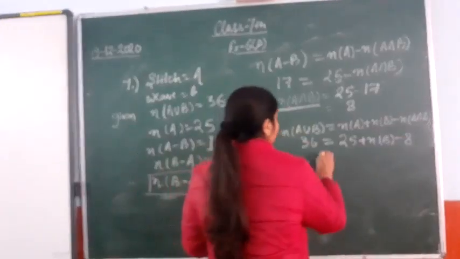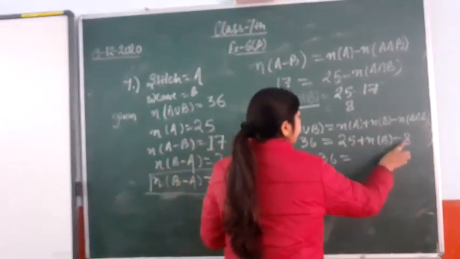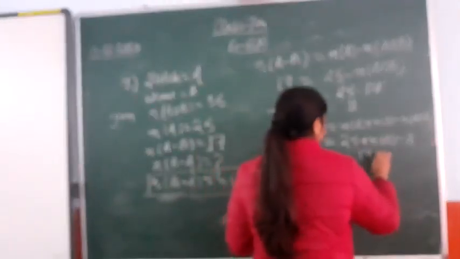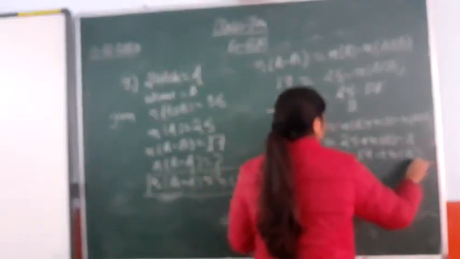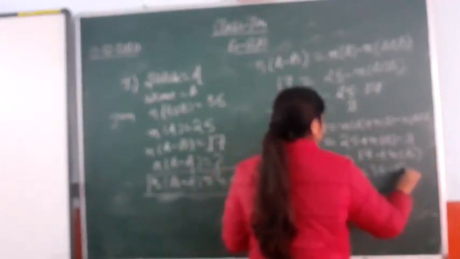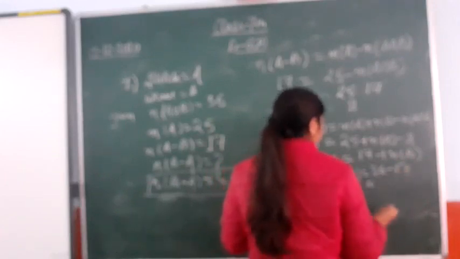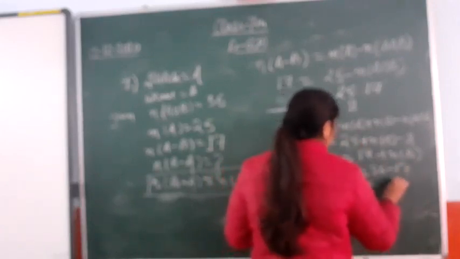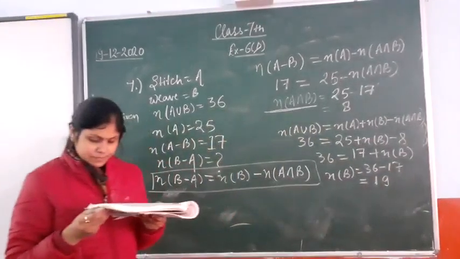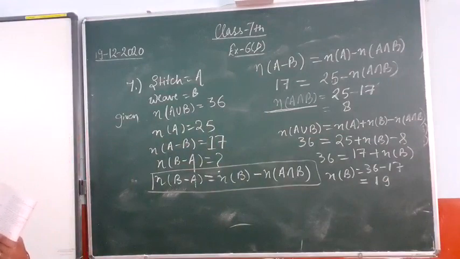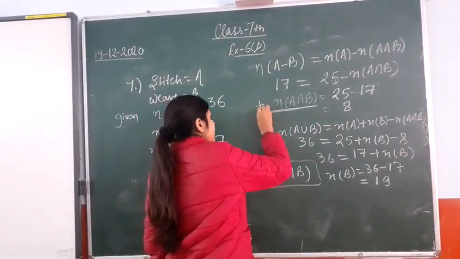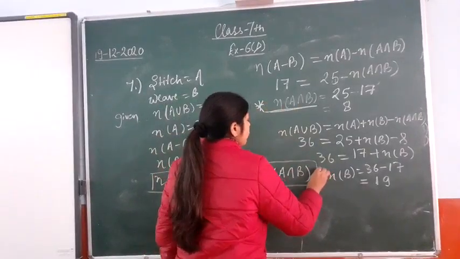Clear? 36 is equal to 25 plus n(B) minus 8. 36 is equal to 17 plus n(B). So what will be the value of n(B)? 36 minus 17. It's coming 19.